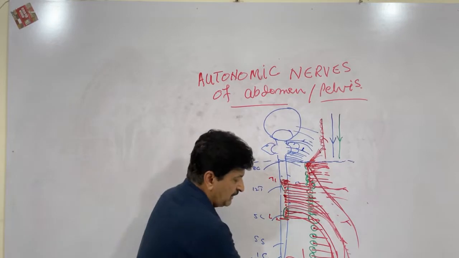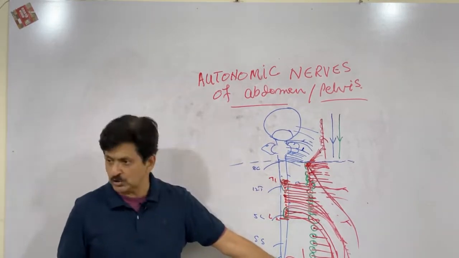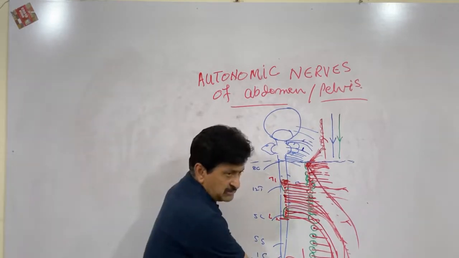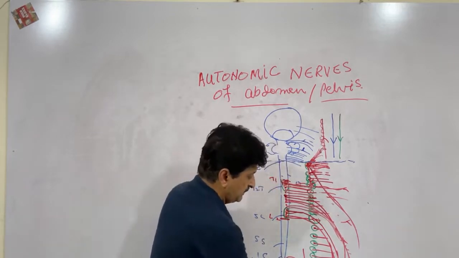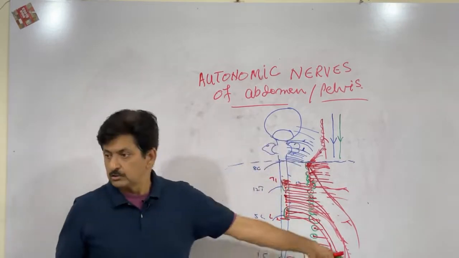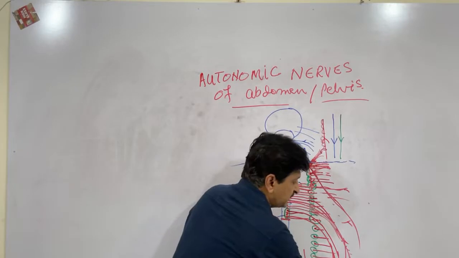So why not detach this collection of postganglionic neurons from the celiac ganglia and carry it to the renal arteries, and from there get the postganglionic fibers.